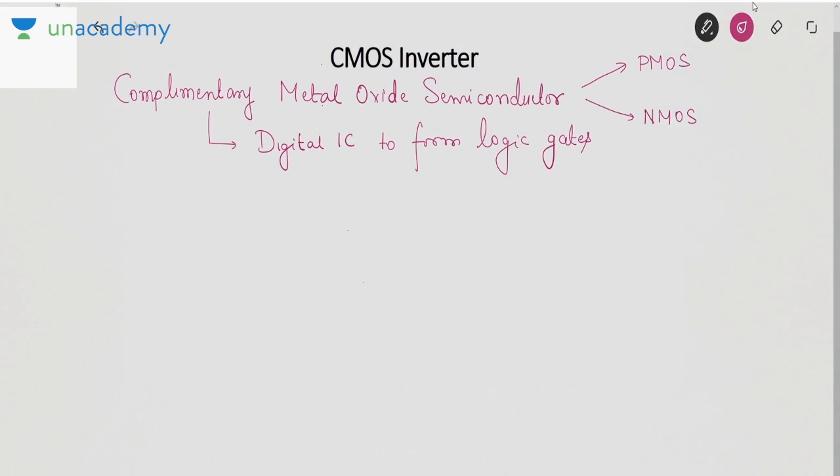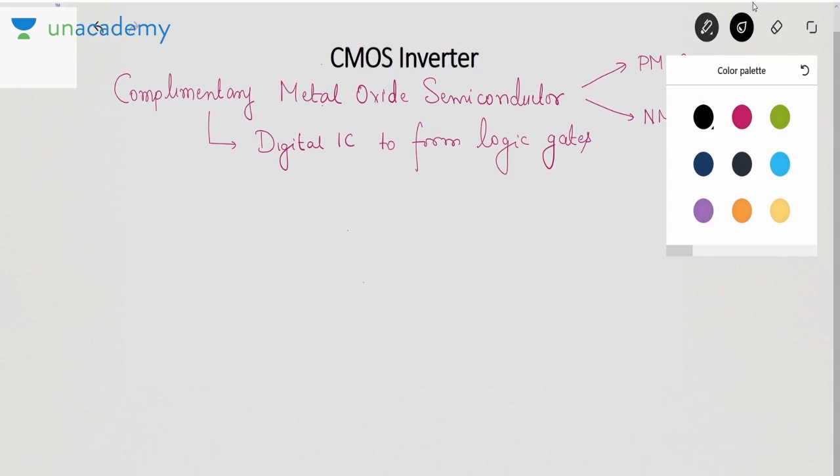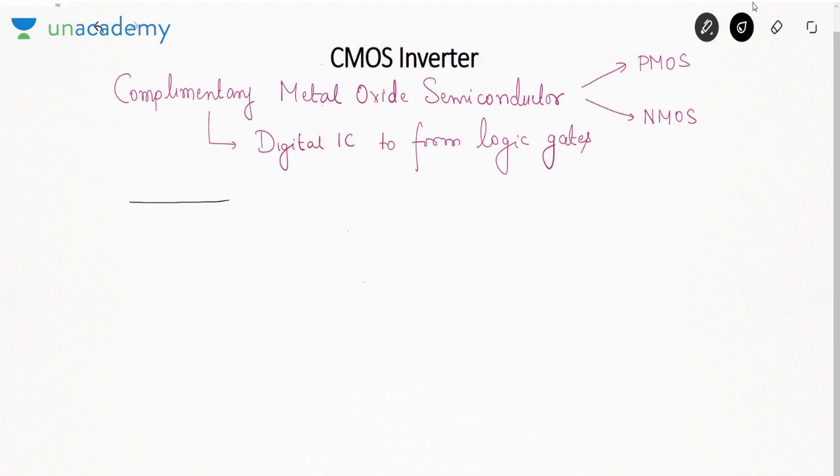So how do we realize an inverter using PMOS and NMOS? See, this line is your DC supply VDD. It is connected to the source of the PMOS transistor, and this is the gate. Now the drain of PMOS is connected to the drain of NMOS.